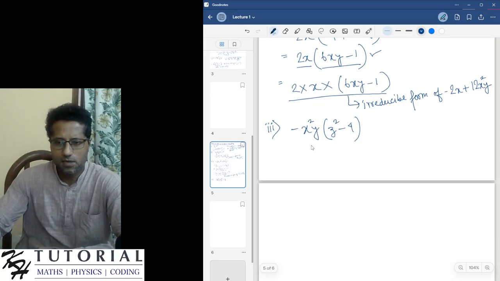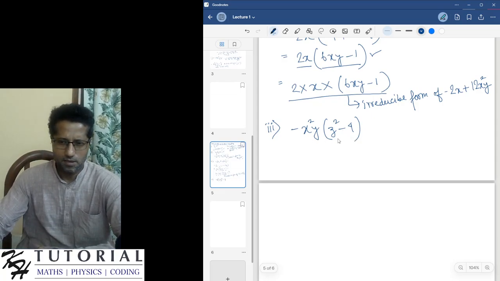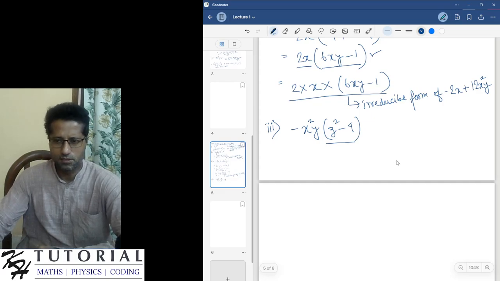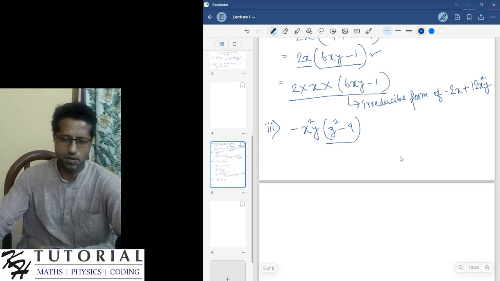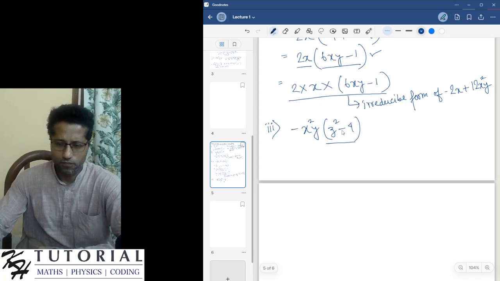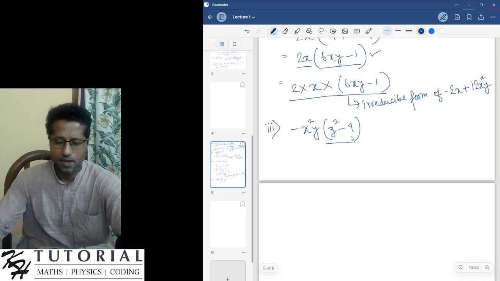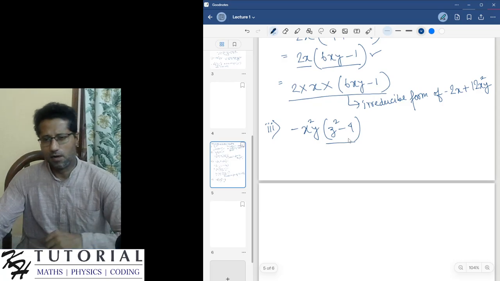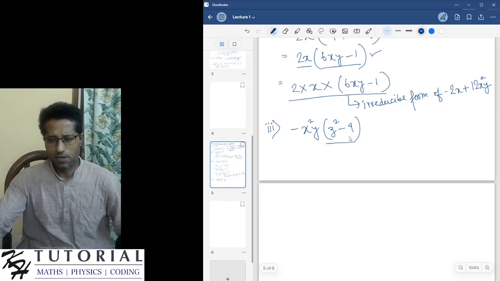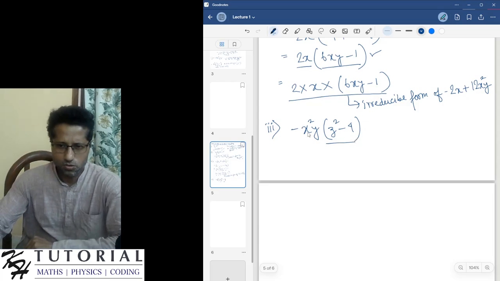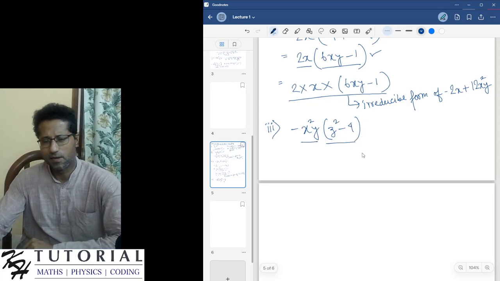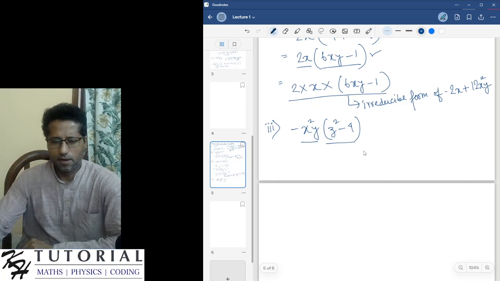No, because we can further factorize. The factor z square minus 4 is not an irreducible factor, because it is of the form a square minus b square, and we can express z square minus 4 as z minus 2 multiplied by z plus 2. Also, x square y is not an irreducible factor.